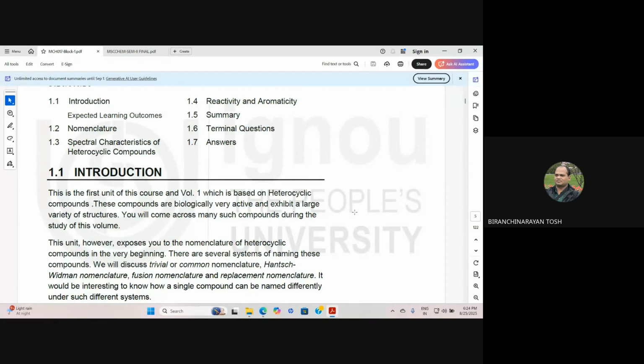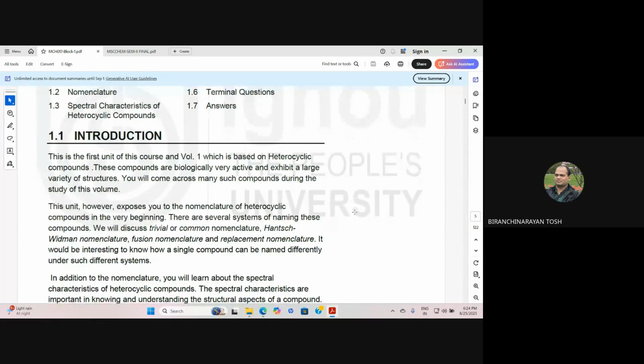The heteroatom may be nitrogen, oxygen, sulfur, to some extent there may be barium, selenium, phosphorus, boron, silicon. These are the heteroatoms which are generally present in heterocyclic compounds.